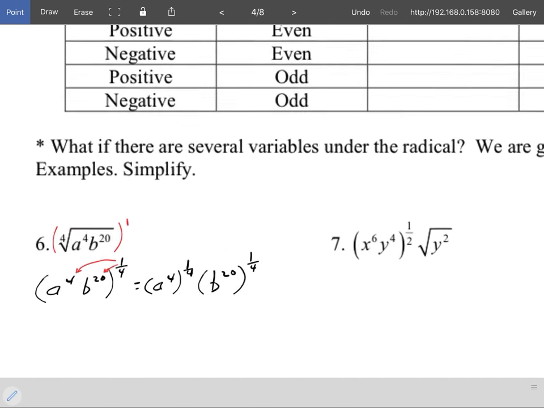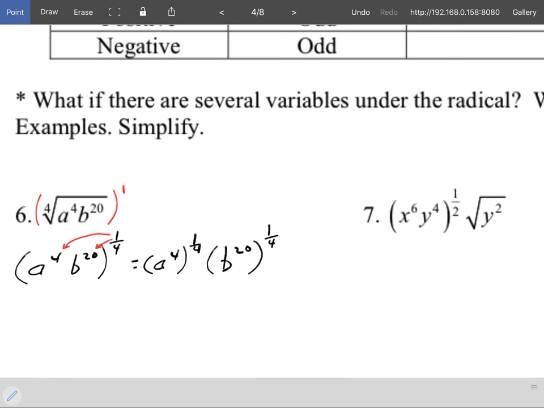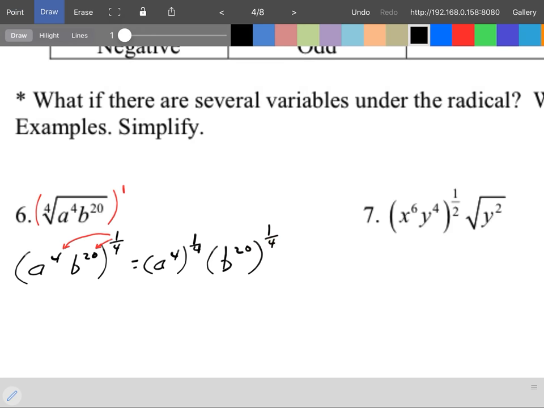So let's go back to this one. So then I'm going to multiply these powers, and I'm also going to multiply these powers. Well, multiplying by 1/4 is the same thing as dividing by 4. So really what I get here then is this is a to the 4/4 power times b to the 20/4 power.